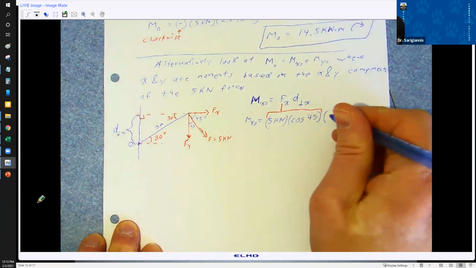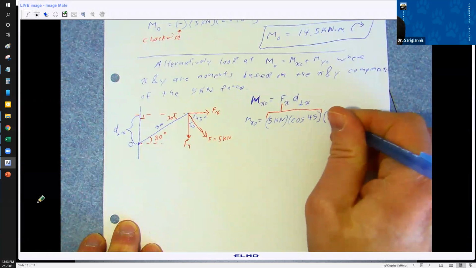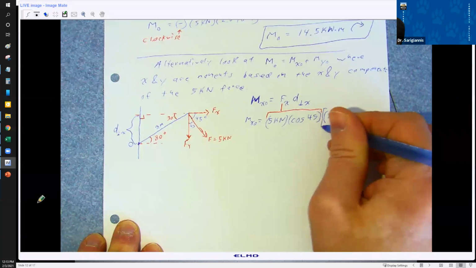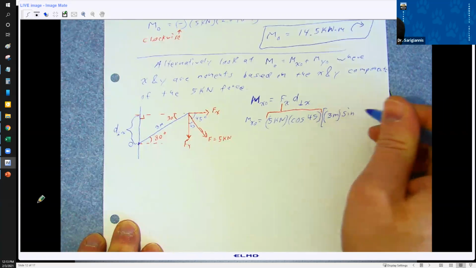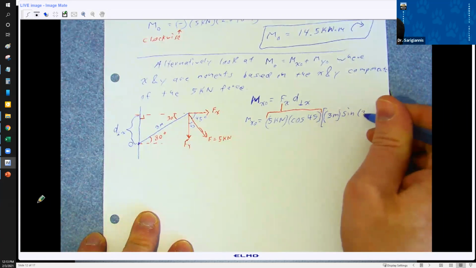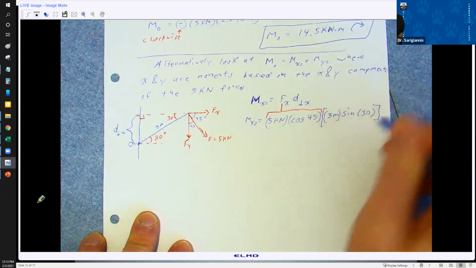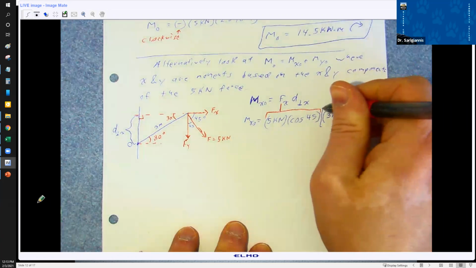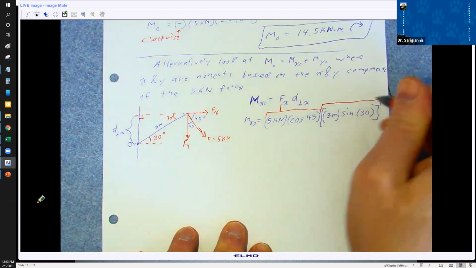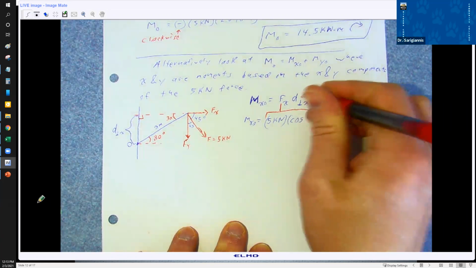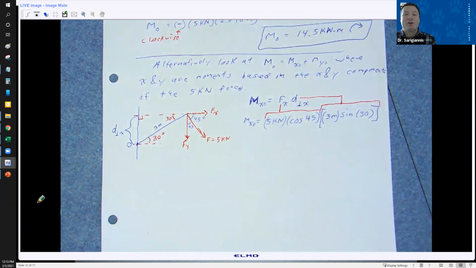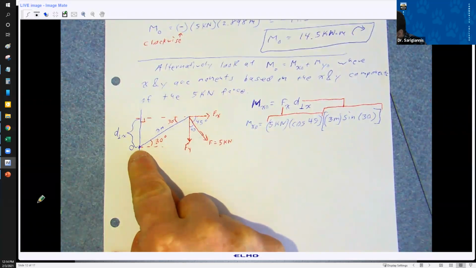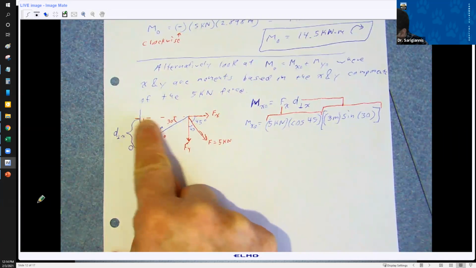So here I'm going to write 3 meters times, let me put some more brackets here, sine of 30 degrees. This is my perpendicular distance for the X component of force, the perpendicular distance from the point of rotation to the line of action of that force.